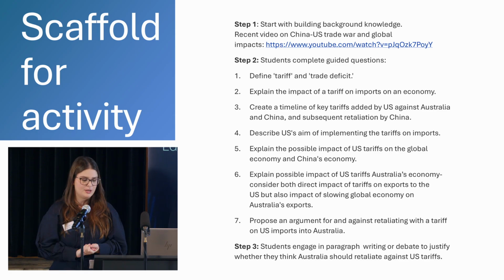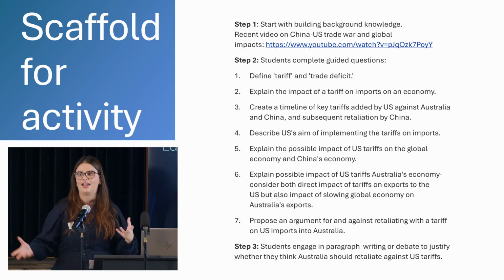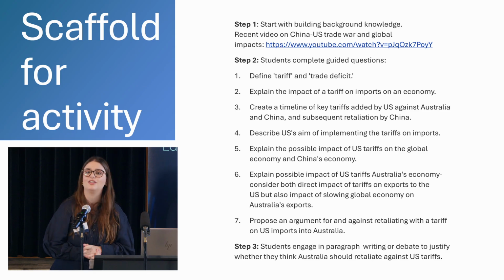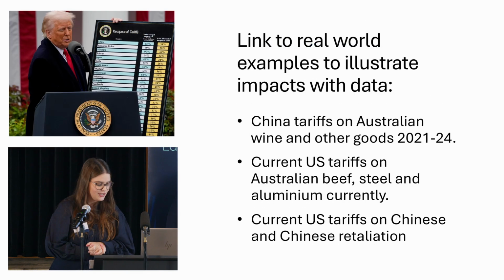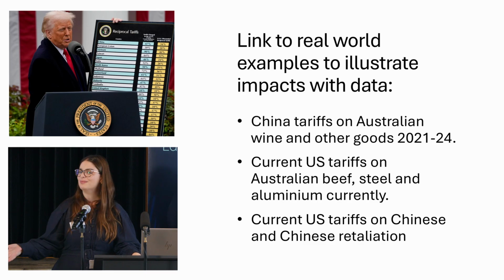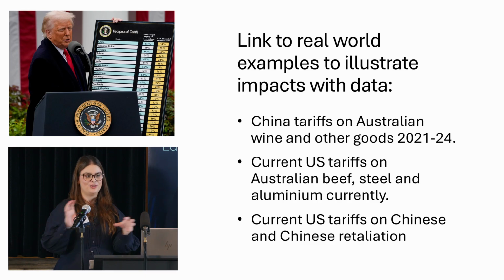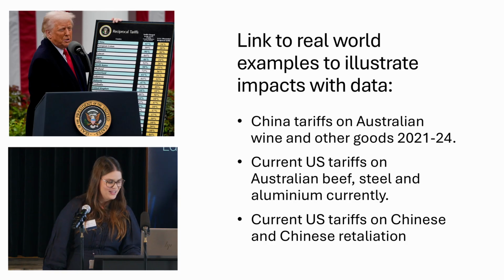I got mine to submit a paragraph after a bit of a broad discussion in class. You can then take however you get students to present it. But also obviously linking to real world examples. I think my students, after reading the statements on monetary policy, know Trump, a bit of a synonym for uncertainty. So say Trump uncertainty.